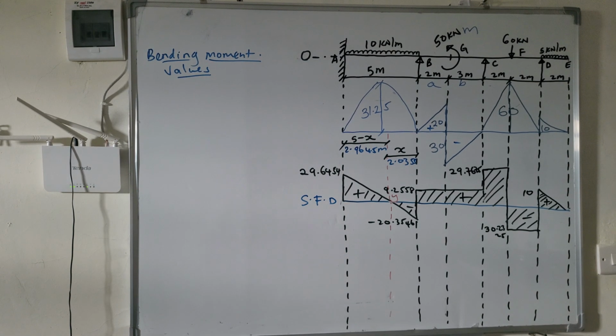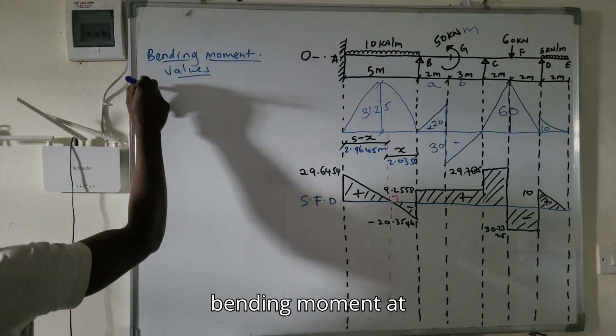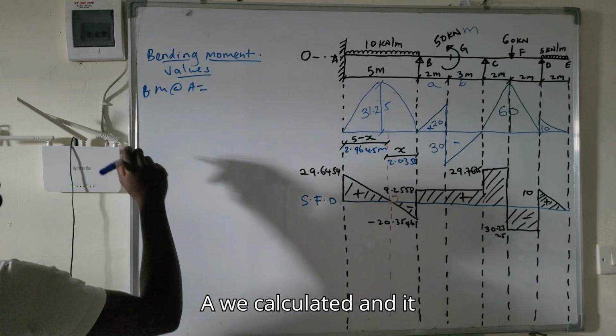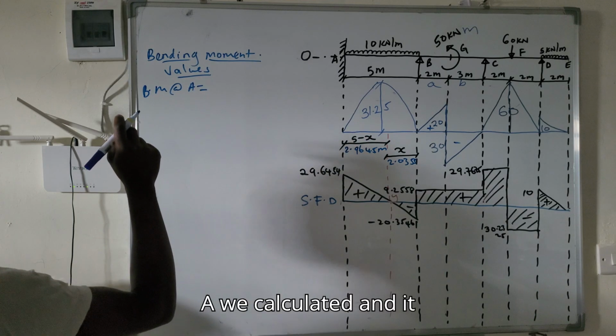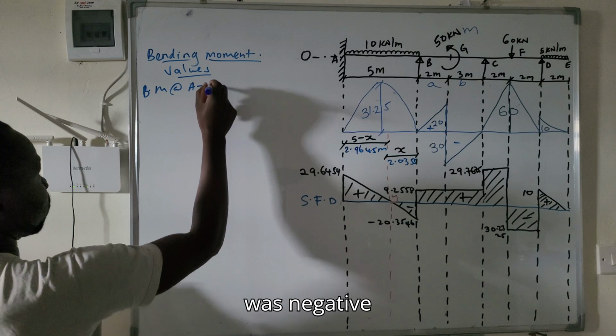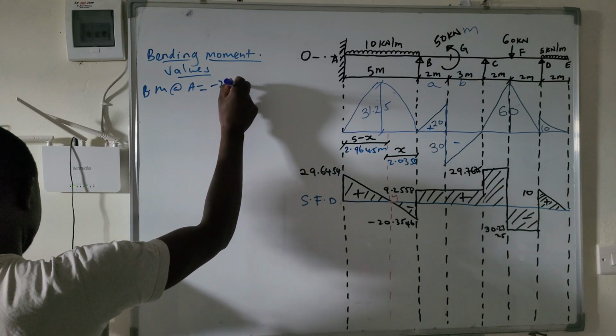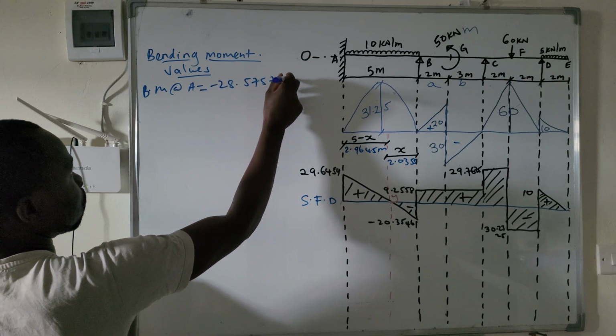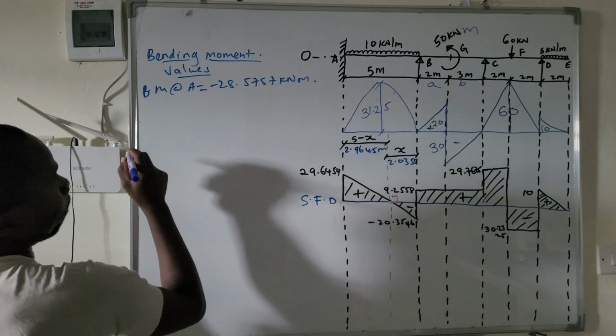So bending moment values. We start at point A. So bending moment at A we calculated, and it was negative 28.5757 kilonewton meter.